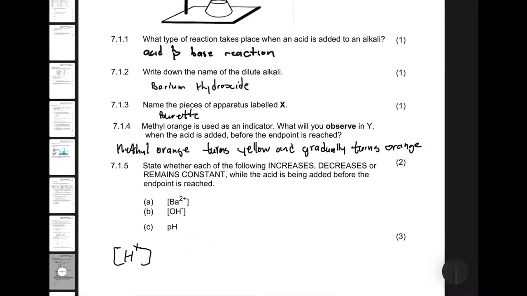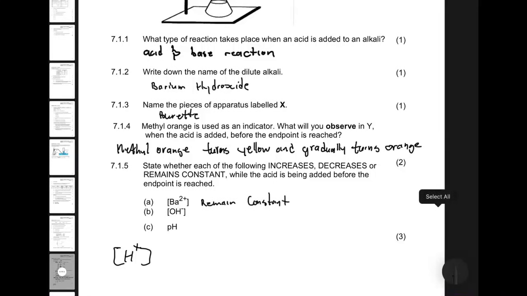What will happen to Ba2 plus? We won't have any effect on Ba2 plus when we increase the acid, so Ba2 plus will remain constant. And then what will happen to OH minus?